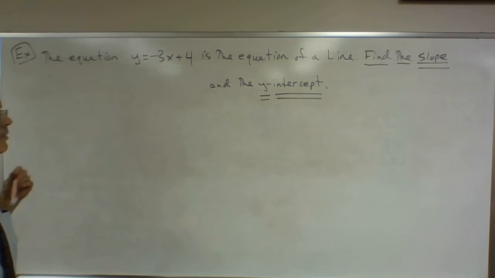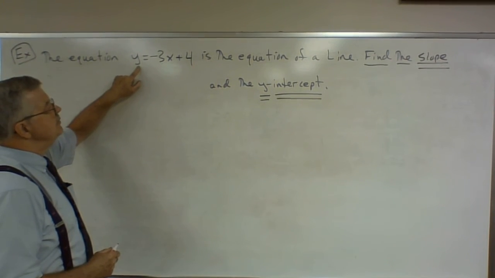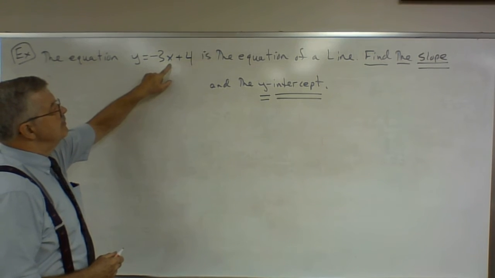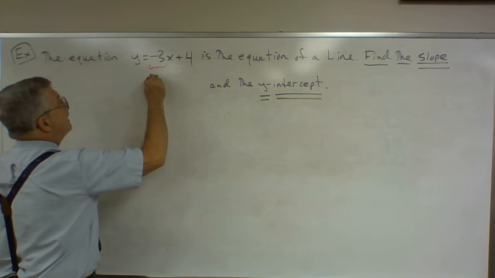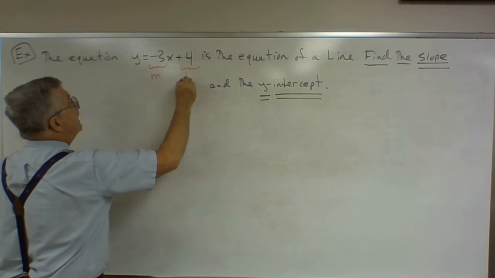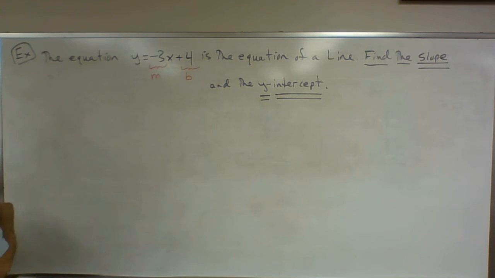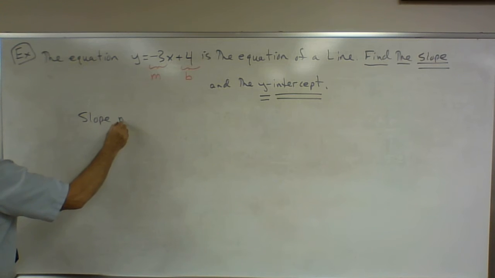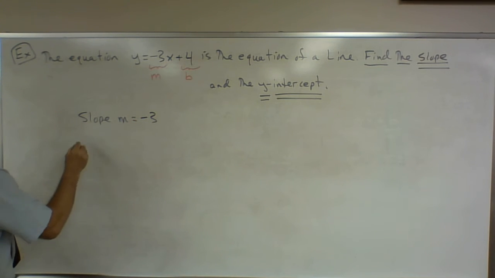Okay, well, notice something. This is in the form of y equals something times x plus something. So here's our m, and here's our b. So m is negative 3, that's our slope.